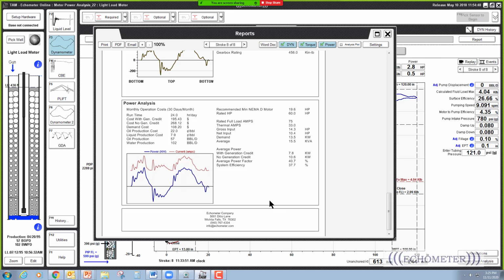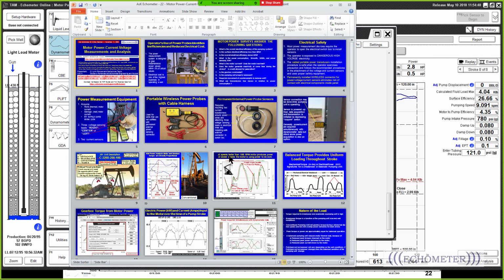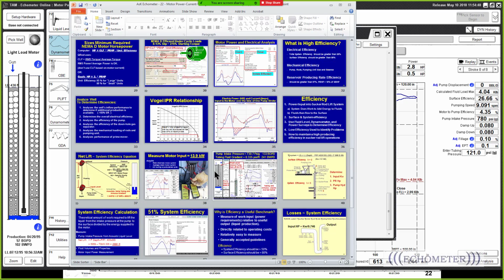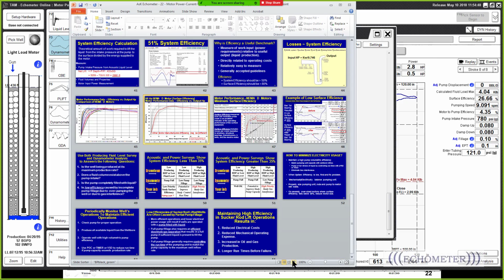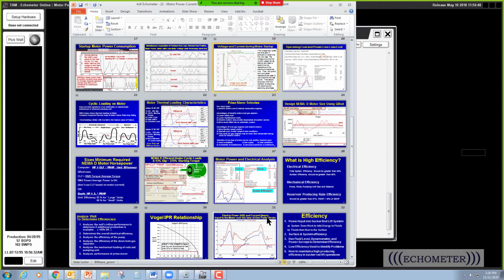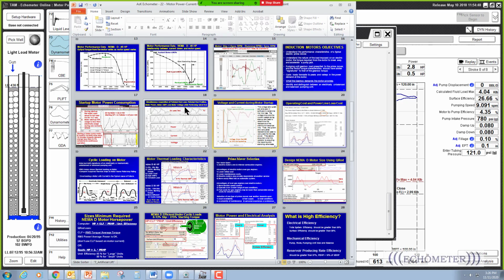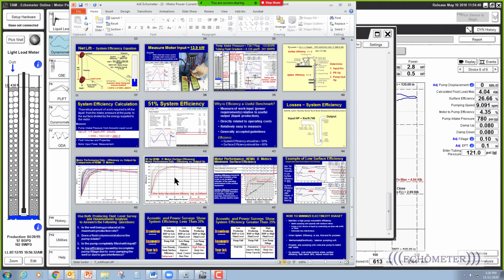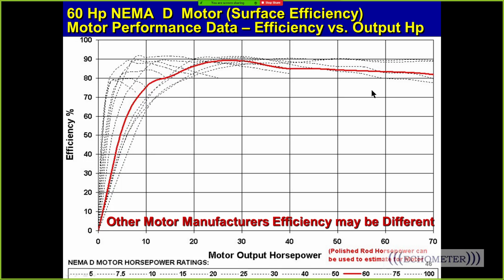So if we were to go back and look at the presentation, let me go find that presentation and look at this efficiency plot curve right here. Notice this is a 60 horsepower motor, and if you take 10 horsepower or 7 horsepower, the efficiency curve is really starting to fall off, and you start to get out of that 80 to 90% efficiency of the electric motor.